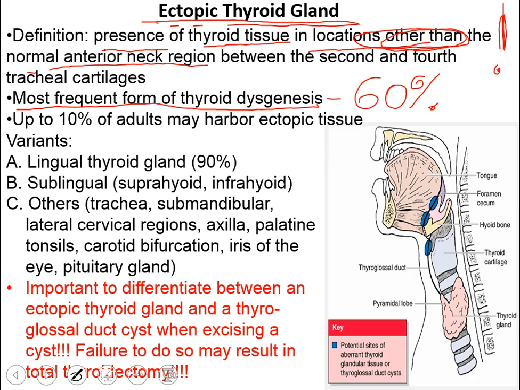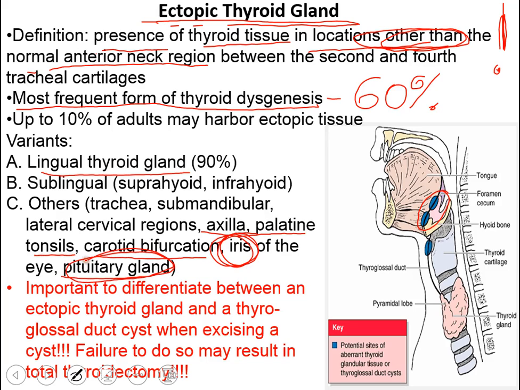Next is sublingual, which could be suprahyoid or infrahyoid, and other ectopic variants when thyroid gland is associated with trachea, submandibular area, lateral cervical regions, axilla, palatine tonsils, carotid bifurcation. There are casuistic cases of ectopic gland when glandular tissue was found in the iris of the eye and pituitary gland.